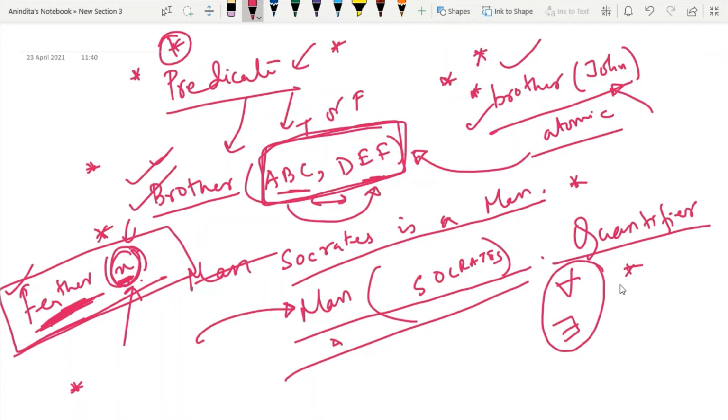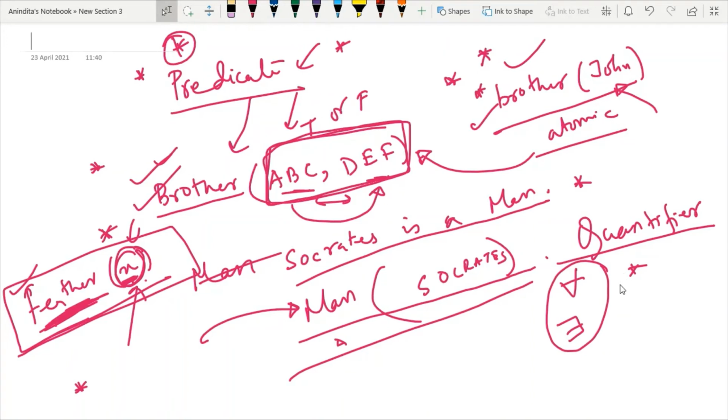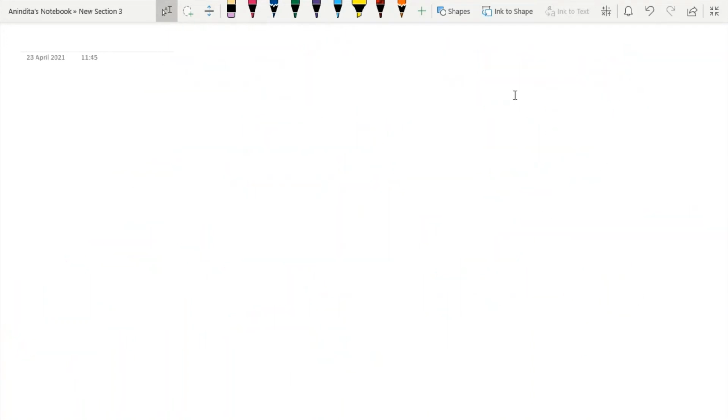Now if I create a summary of my discussion, it will be like this. I started this discussion with objects, variables and functions.